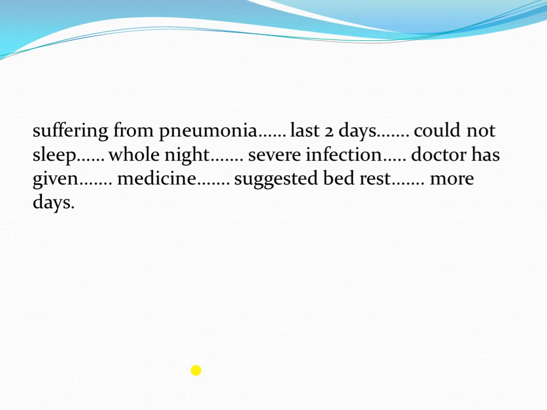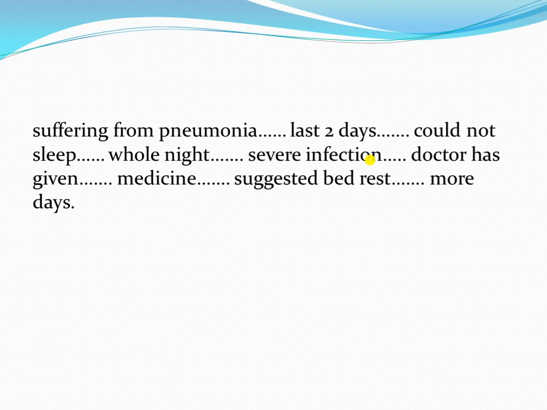If you are suffering from pneumonia, you may write different reasons. Like you can say that "I am suffering from pneumonia." It's pronounced "numonia"; the P is silent here. "Since the last 2 days I have been suffering from this disease. I could not sleep properly.